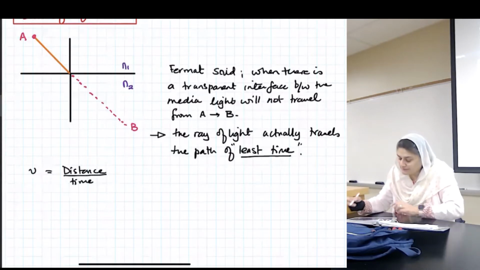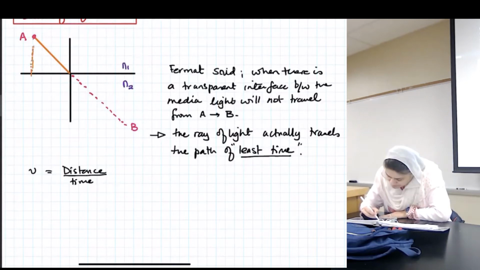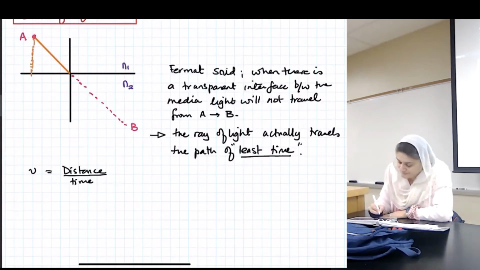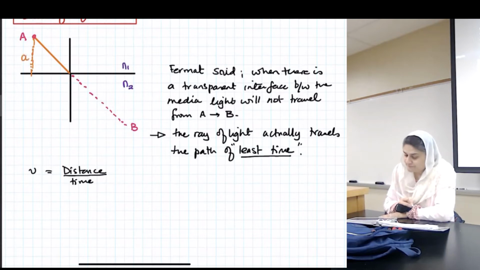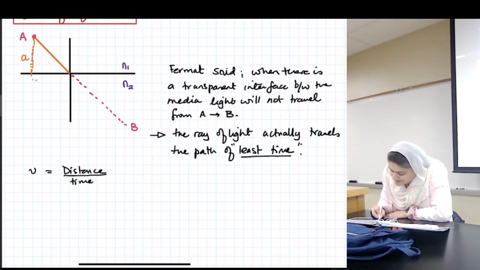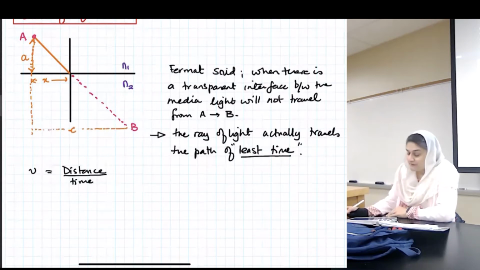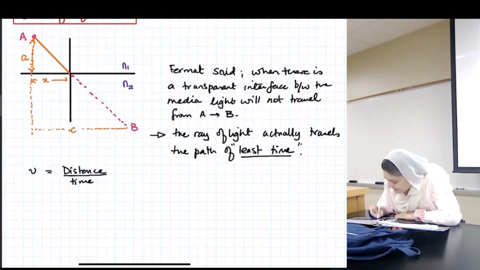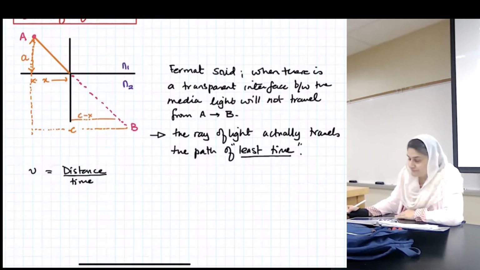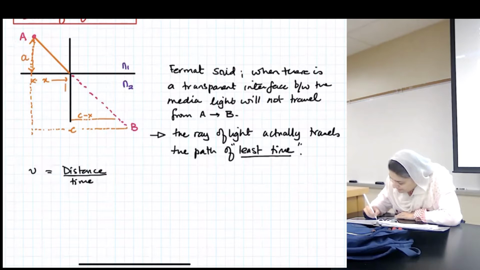If I call this distance A, I can call this distance X, and I can call this distance C. That means this distance is C minus X. And let me call that B. Take a second to note what all of these distances are.